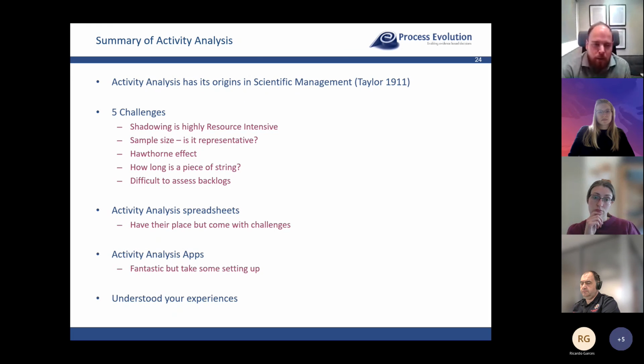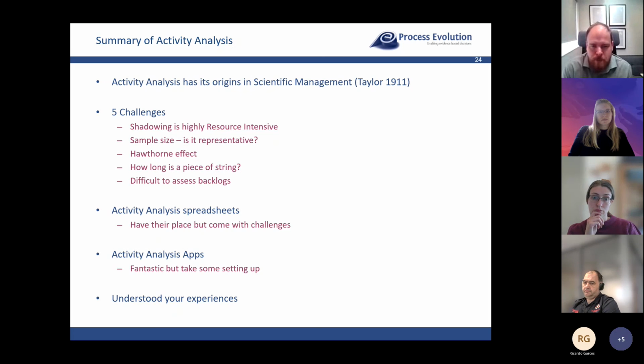Then there was the piece around how long is a piece of string, and people feeling uncomfortable about putting numbers on how long processes take. And if we just look at specific shifts, it's difficult to assess what's happening behind the scenes around backlogs, or whether we're getting through all the workload.